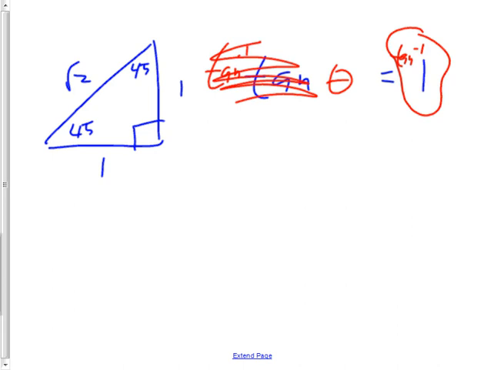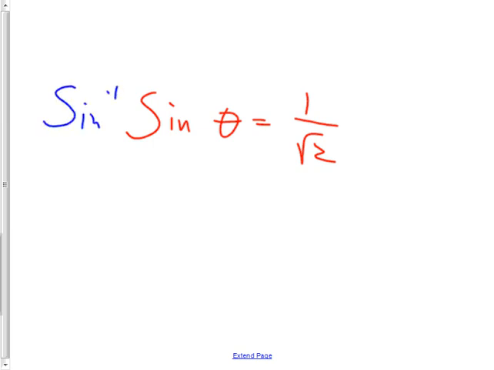Let's say that the sine of something is 1 over the square root of 2. You would be able to then say inverse sine. That cancels that.